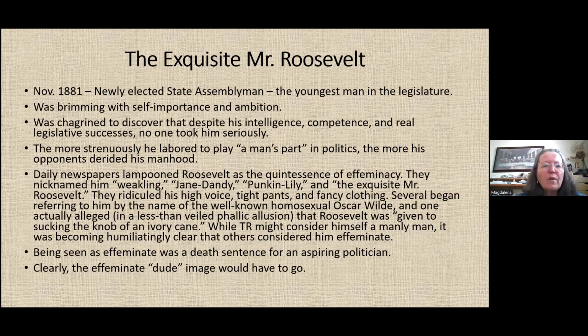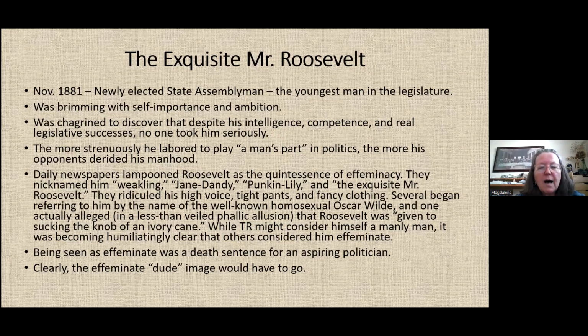The more strenuously he labored to play a man's part in politics, the more his opponents derided his manhood. The daily newspaper lampooned Roosevelt as the quintessence of effeminacy. They nicknamed him Weakling, Jane Dandy, Pumpkin Lily, and the exquisite Mr. Roosevelt.